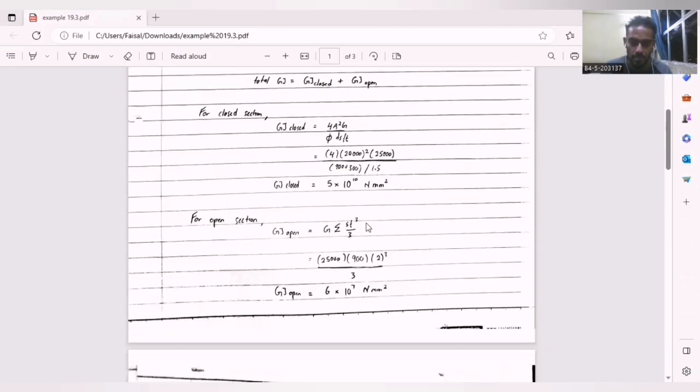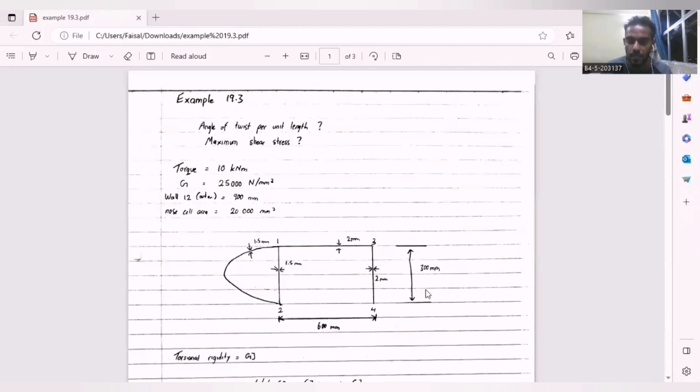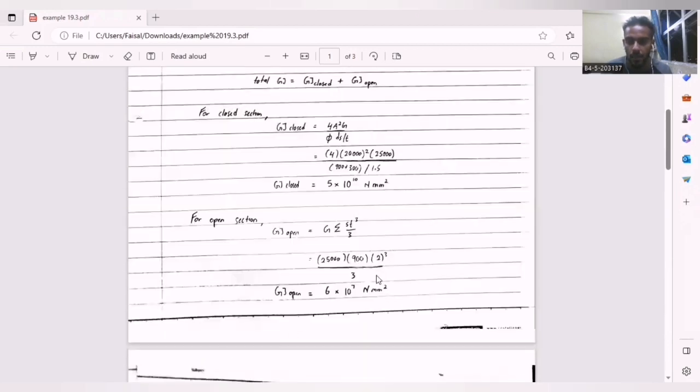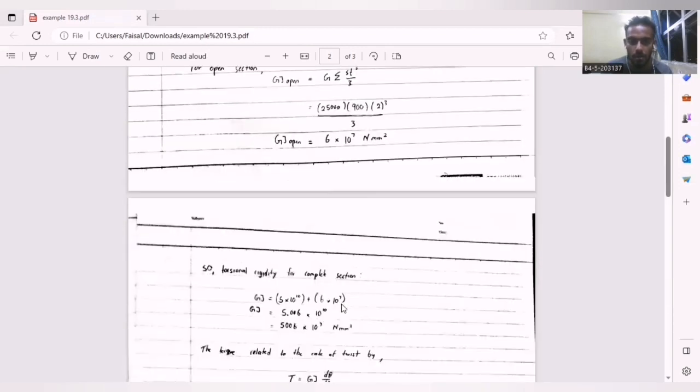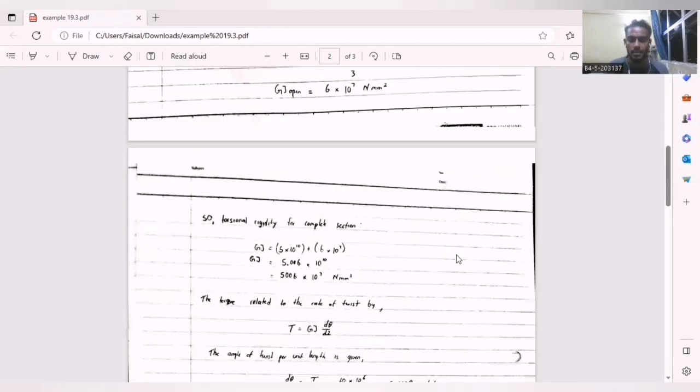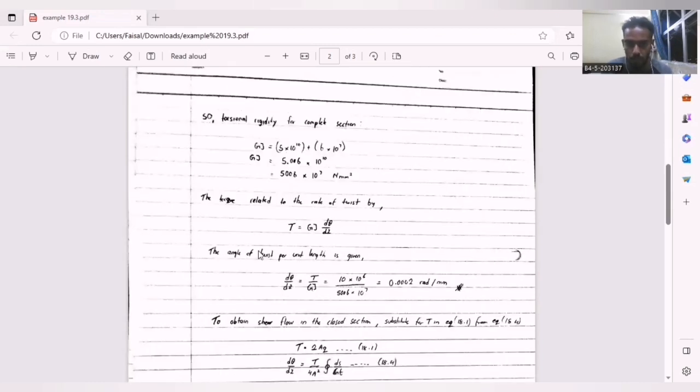As for the open section, we use the formula here, also with all the values given, 900 is the sum of 300 and 600 here with the thickness, and we got the value just below. For the total torsional rigidity for the complete section, we add the closed section and the open section, and we get the value 12.006 times 10 to the power of 7 newton millimeter square.